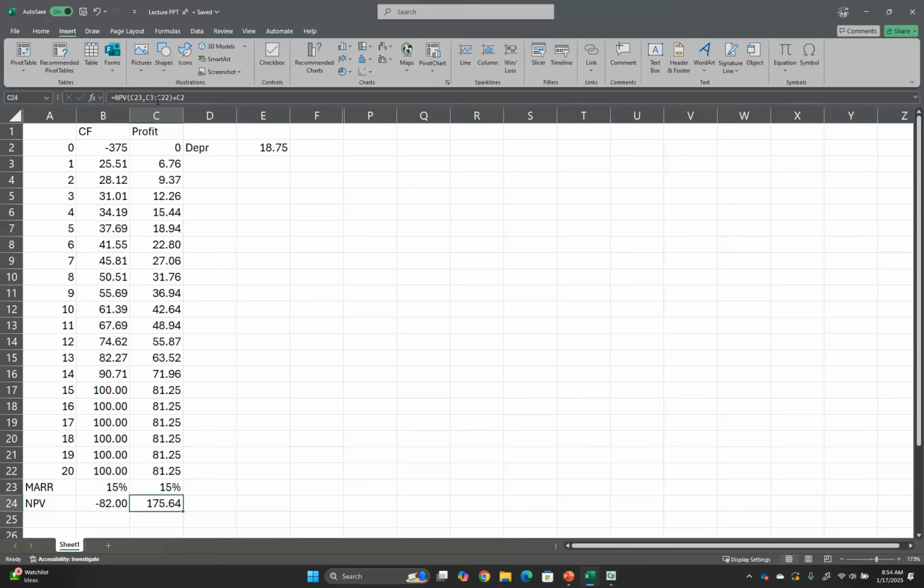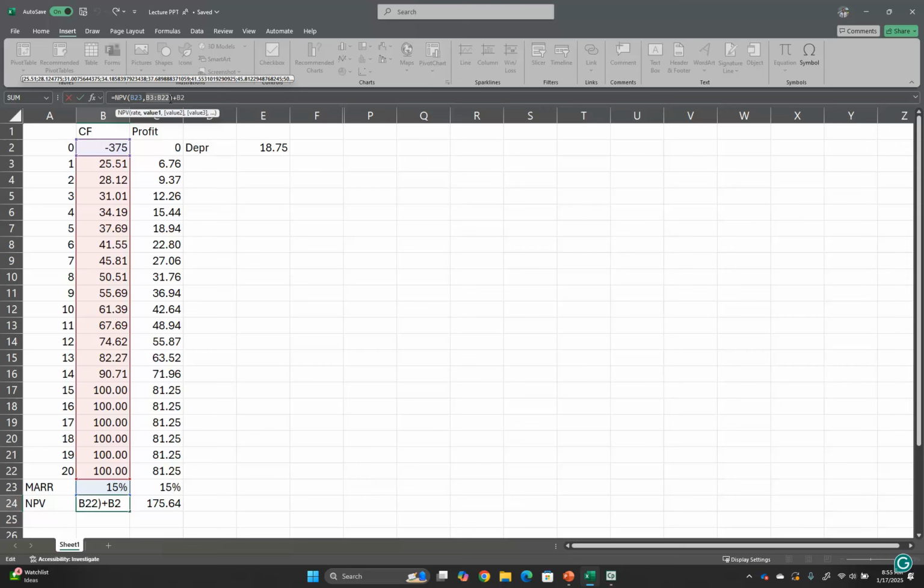And when we take the net present value, it is on the cash flows initially in this cell. So we use the NPV function and we use the initial value of B2 from outside, and we use the rate of 15%, and we use the cells B3 to B22, cash flow from time 1 through the last cash flow, and add it to the initial cash flow, which is negative.